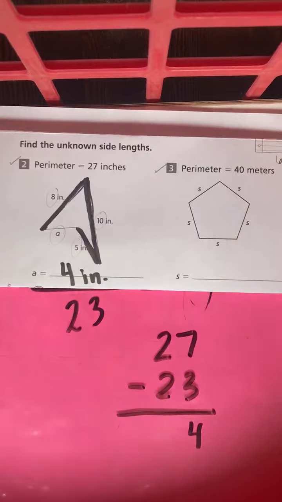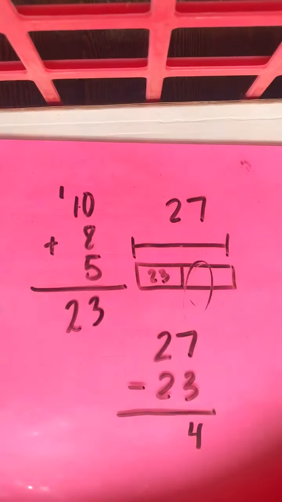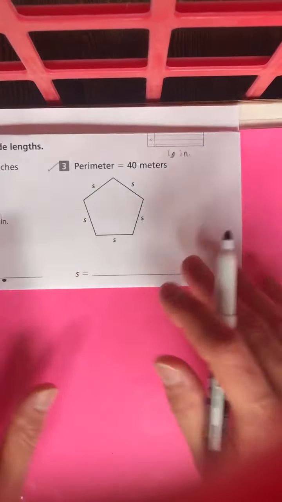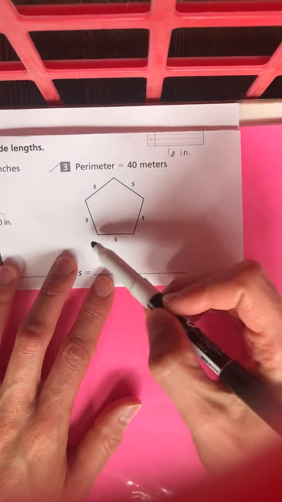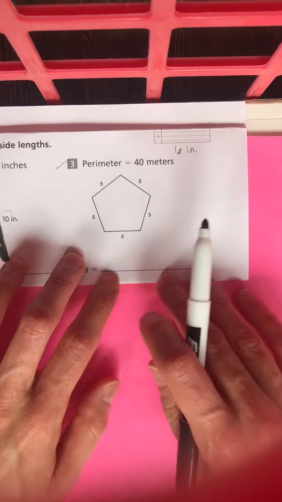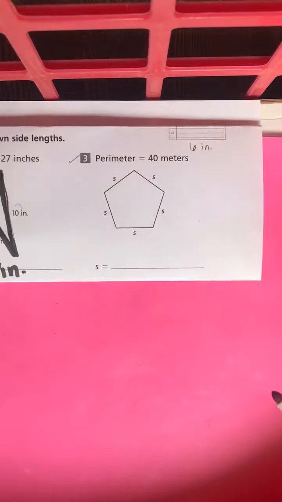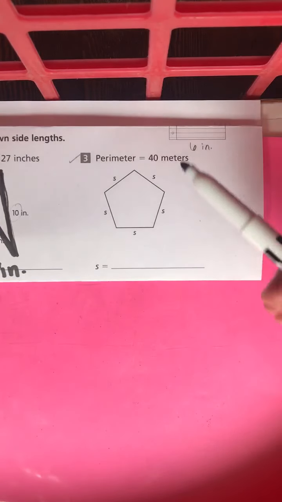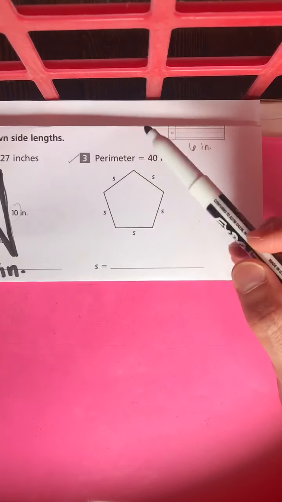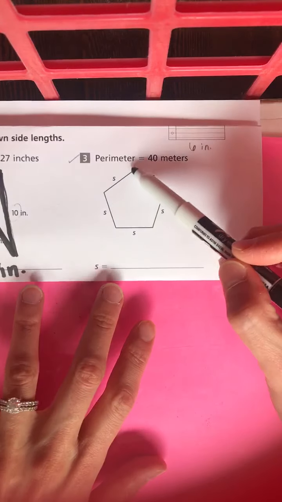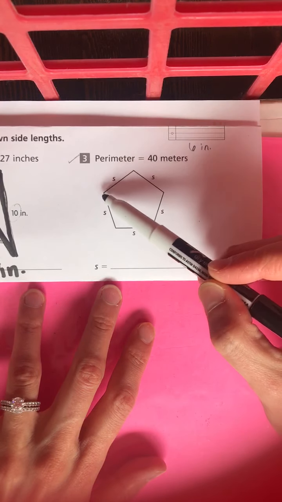Great job. Let's take a look at number 3 together. So number 3 tells us that the perimeter of this whole shape is 40 meters, but it doesn't tell us what any of the sides are equal to. You will notice that this shape has 5 equal sides.